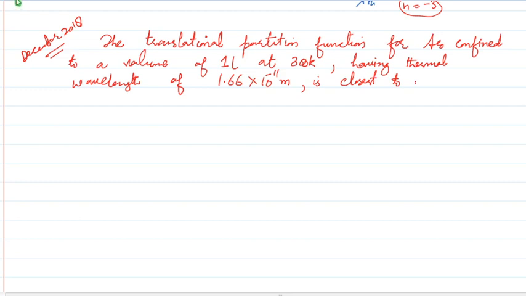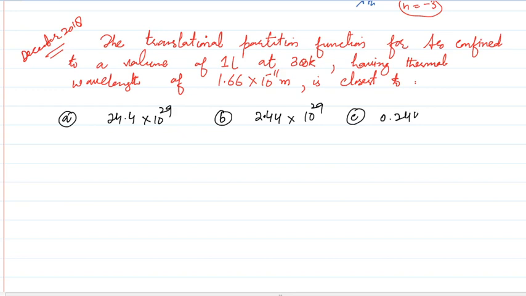The options there: first option was 24.4 into 10 raised to power 29. Second option was 2.44 into 10 raised to power 29. Third option was 0.244 into 10 raised to power 29, and the final option was 244 into 10 raised to power 29.